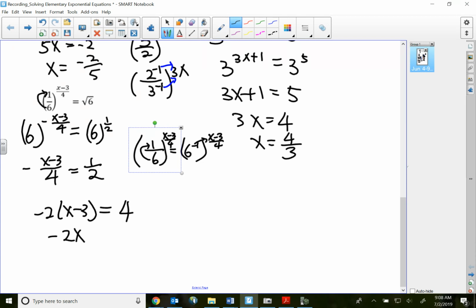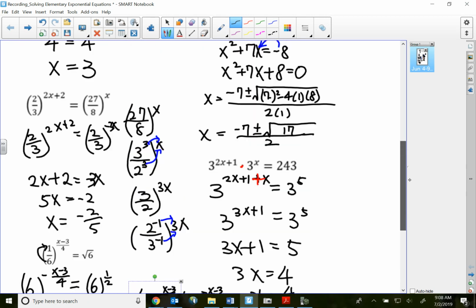Distribute, that will be negative 2x plus 6 equal to 4. So that will be negative 2x equal to negative 2. Put the 6 over, x is equal to positive 1.